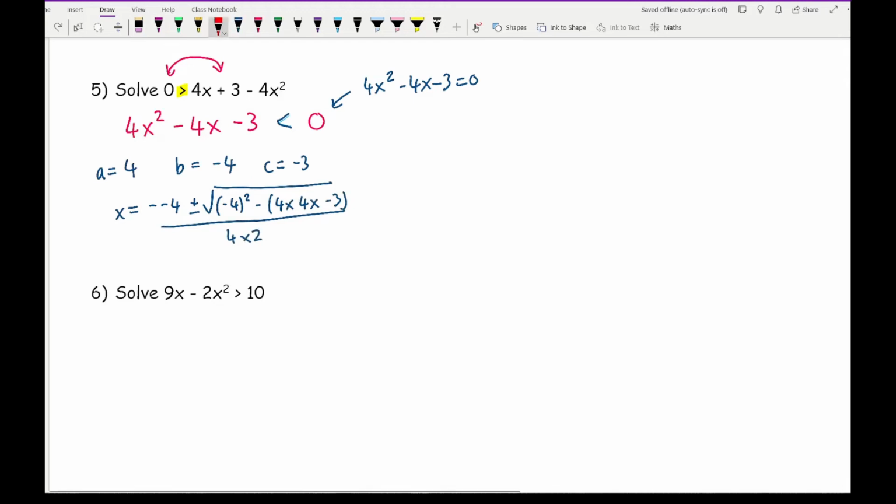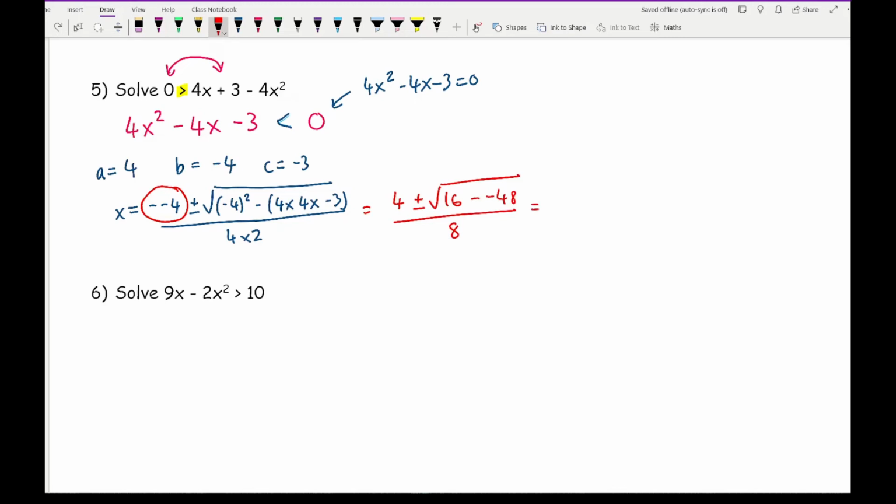Now simplifying this, and I'm going to assume that I haven't got a calculator, so that then becomes positive 4 plus or minus the square root of 4 squared, which is 16, and then 4 times 4 is 16 times 3, that gives me an answer of 48. So it's going to be 16 plus 48, all divided by 8.